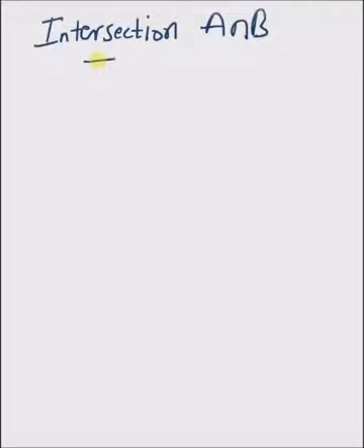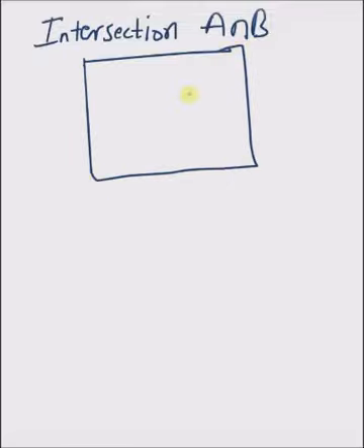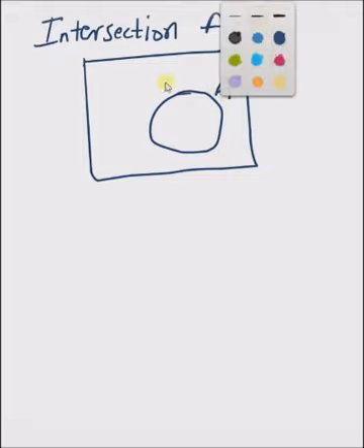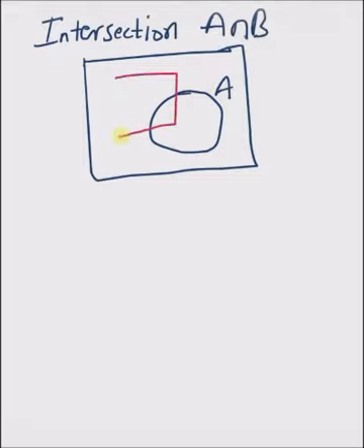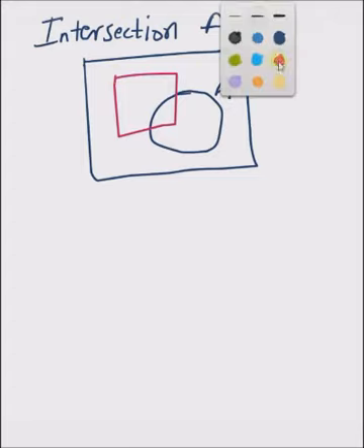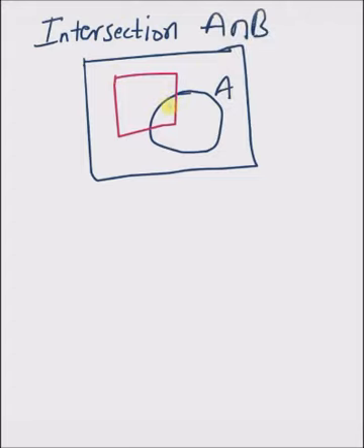So using the Venn diagrams, we can represent it as, so consider a set A and a set B, and then the yellow area represents the set A intersection B. The intersection operator basically finds the common elements between the set A and B.